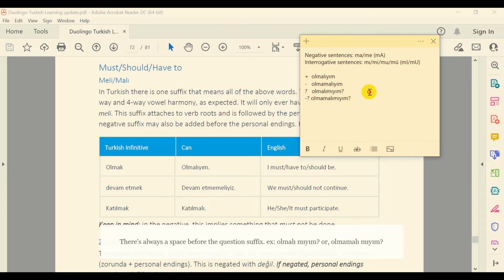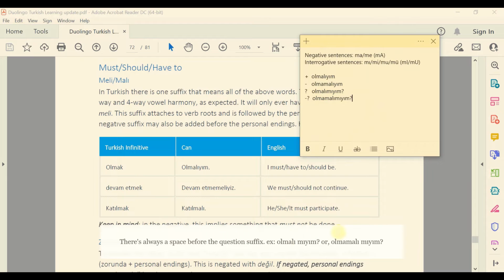Here you can see the 4 types of sentence, and when you remember these 2 points, you can use the different forms of sentences very easily.